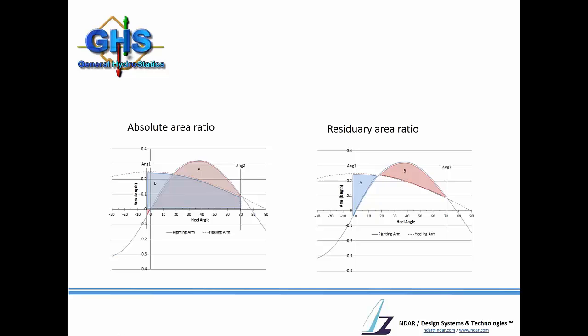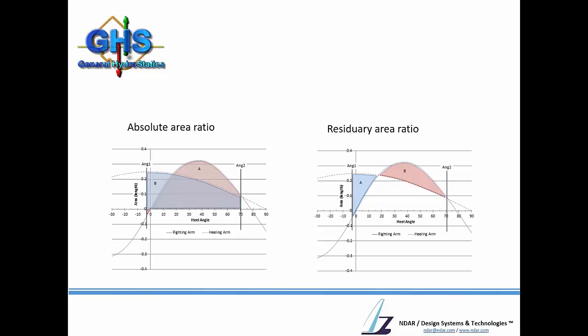And then alternatively to the absolute area ratio, you have the residuary area ratio. Residuary because it's taking the actual area under the rating arm curve minus the area under the healing arm curve, again between two angles, in a range of angles.